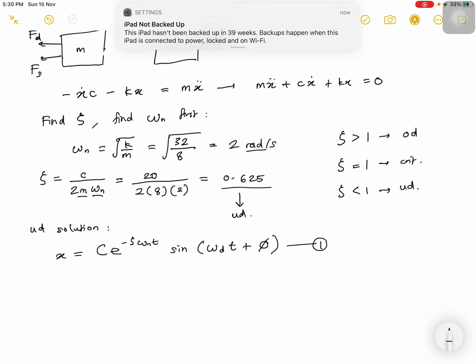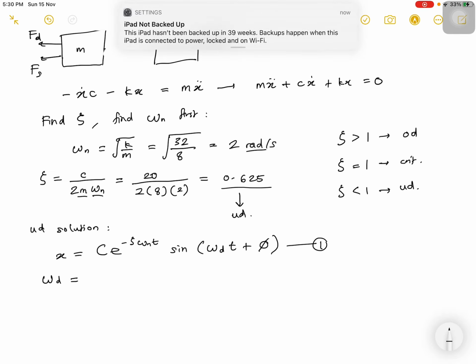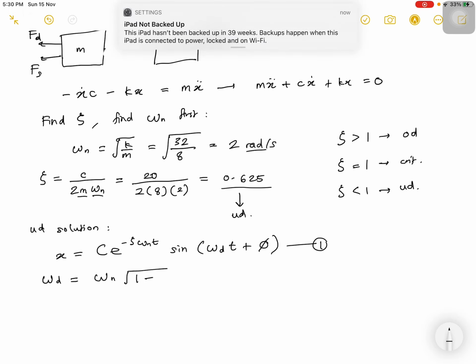In order to know the components, we need to investigate each component. We found that omega d is unknown. We don't know the value yet, so we need to calculate it. Omega d is the damped natural frequency, and we know the formula: omega n times the square root of 1 minus zeta squared. You need to put the value inside.